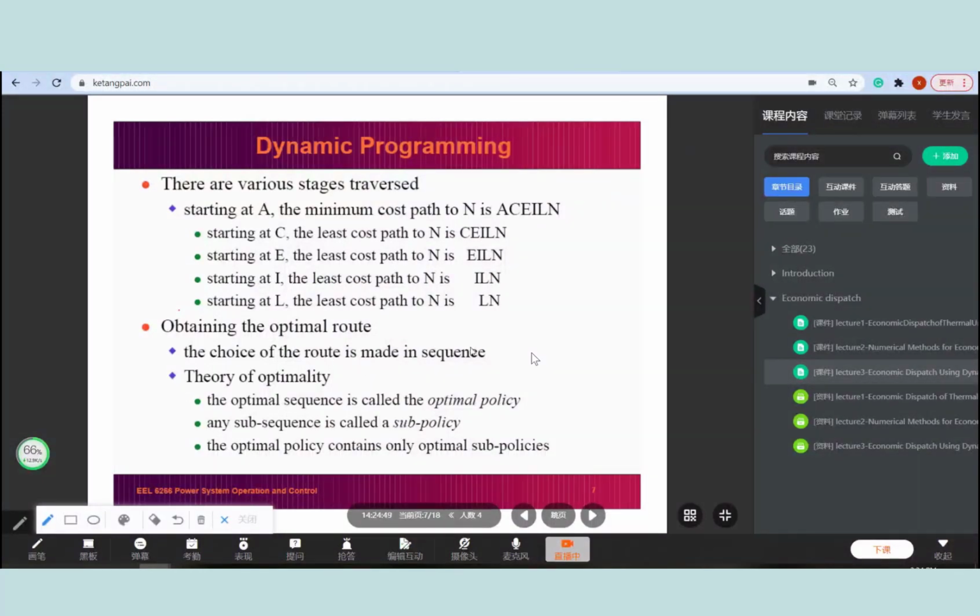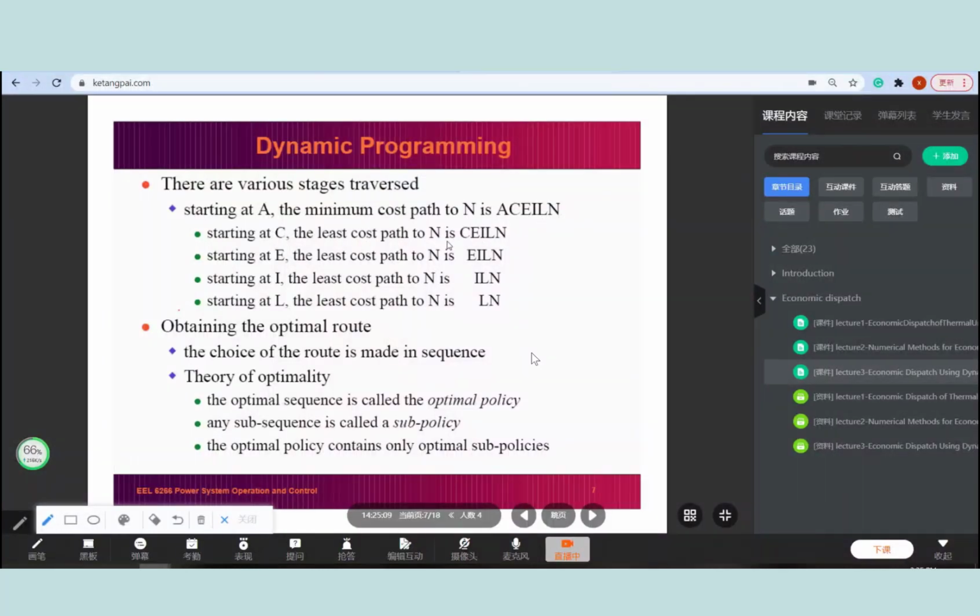That means the choice of routing is made as a sequence, and each sequence is just a part of the best path. The optimal sequence is called the optimal policy. If you travel from A to N, we call this the optimal policy.